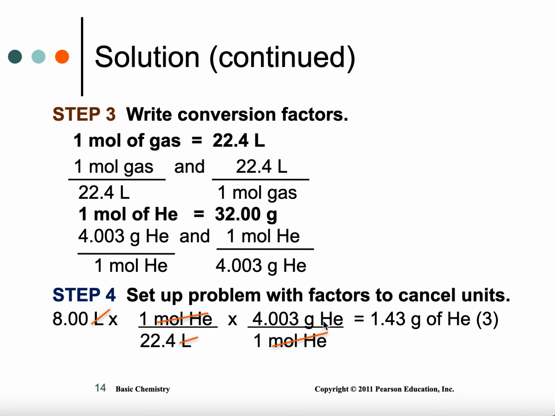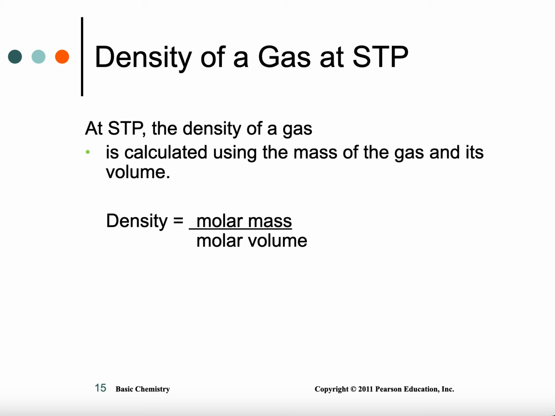That's from the periodic table. You would actually look on the periodic table and see if we're only talking 1 mole, then the number underneath helium is 4.03. When you do all the multiplication on the top, division on the bottom, you end up with an answer of 1.43 grams. And we'll do these types of things later.